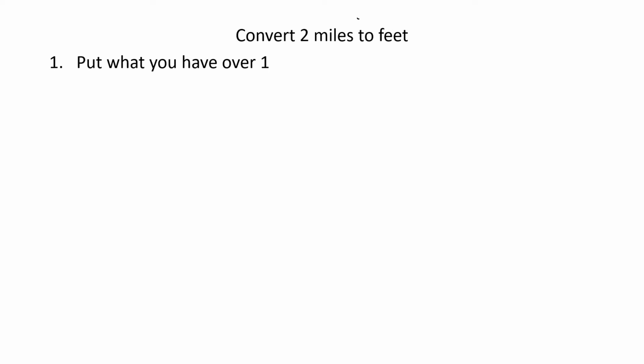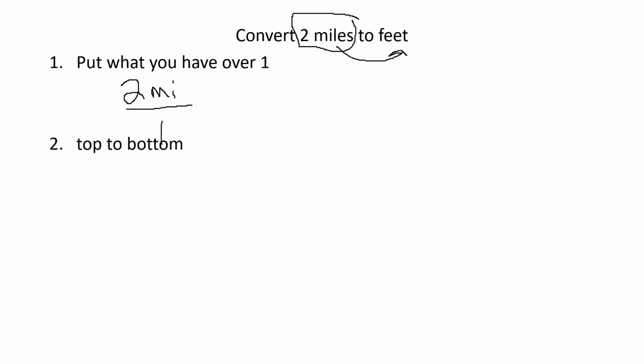So the first step, put what you have over 1. What are we given? We are given 2 miles. So we're going to put 2 miles over 1. Not hard. Now, we need to get from miles to feet. This is a measurement that I know. I know that 1 mile equals 5,280 feet.